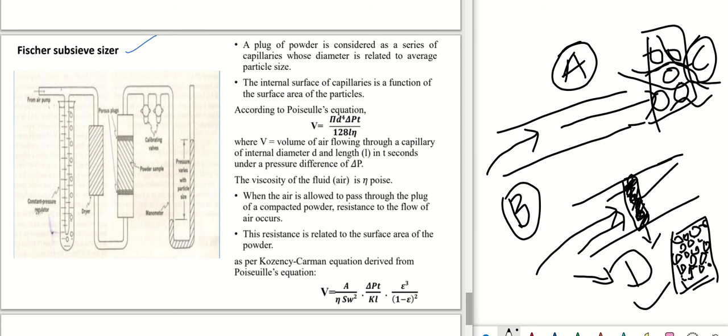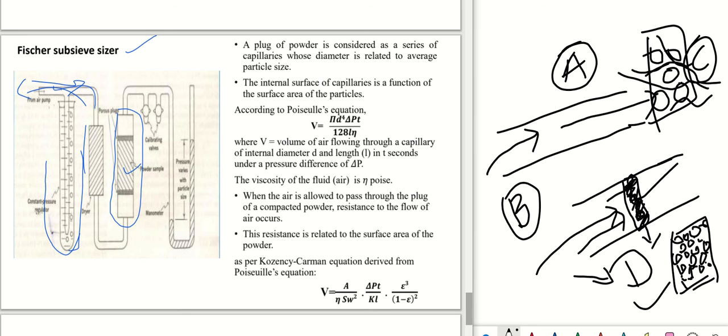In this chamber, we will be having our powder sample. This is the sample holder. And to one end of this sample holder, we will be having an inlet for gas or air to pass through it. Now, the gas or the air is passed through this at constant pressure, using a pressure regulator.